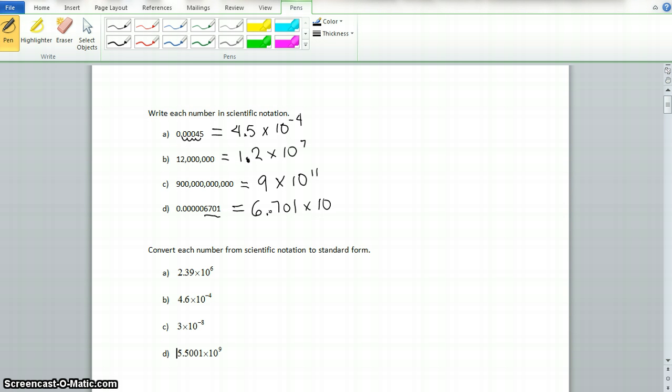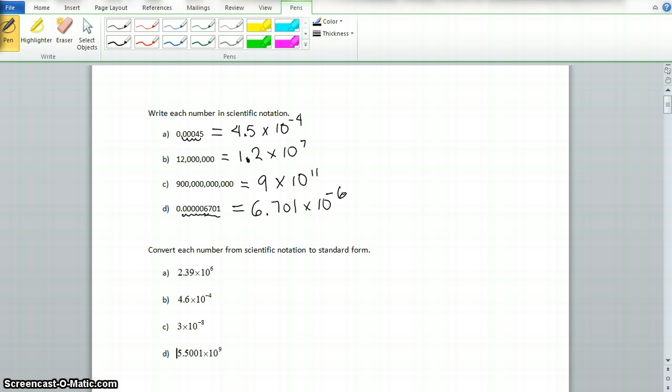Make sure you place your decimal point right after that first non-zero digit. So 6.701 times 10 to the negative, let's see, 1, 2, 3, 4, 5, 6, negative 6.